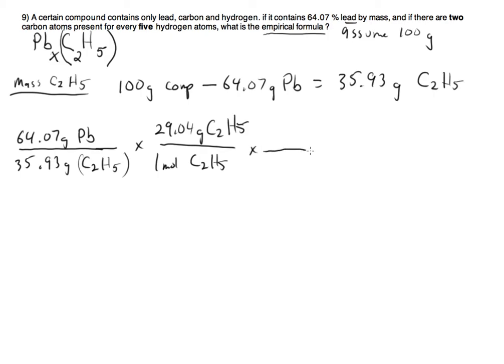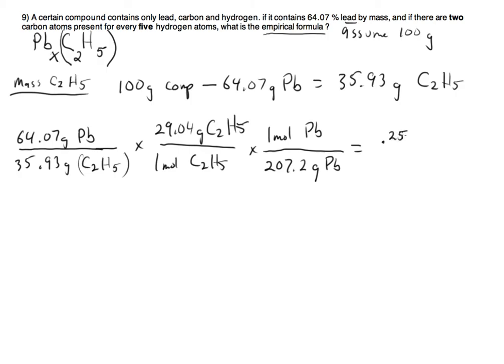And then I want to change lead to moles. So 1 mole of lead is 207.2 grams of lead. All right, so now my mole ratio, if it works out to 0.25, that'll be the answer.